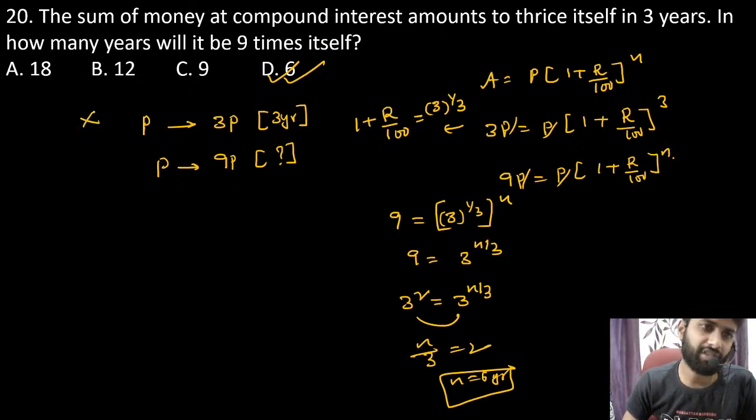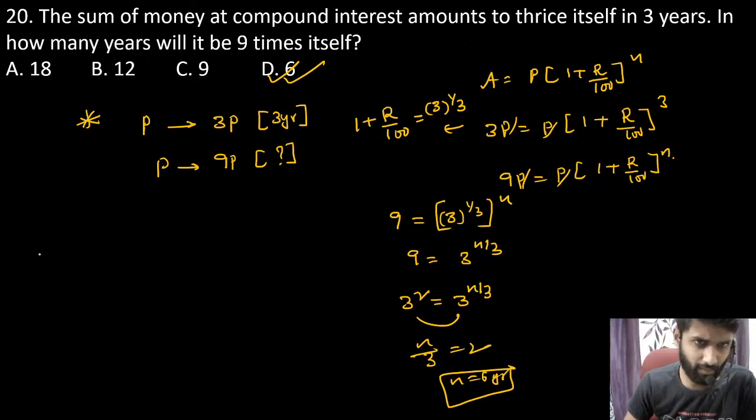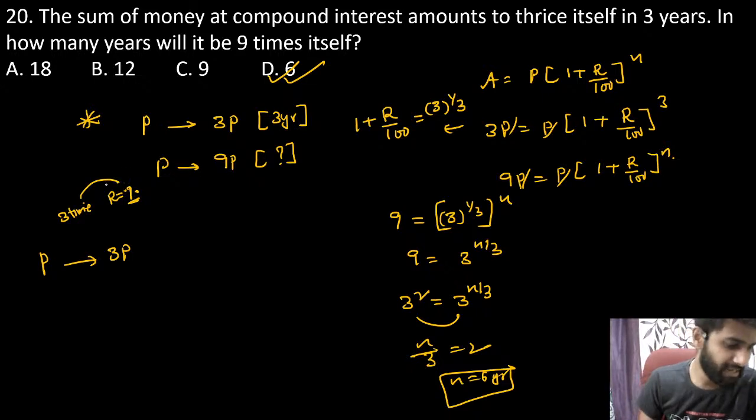Otherwise, if any questions related to compound interest, see guys, for any amount that becomes thrice, for example P becomes 3P, any amount becomes 3 times, it is maintained at the same rate of interest with the same duration. Now, the thrice amount of 3P is equal to 9P.